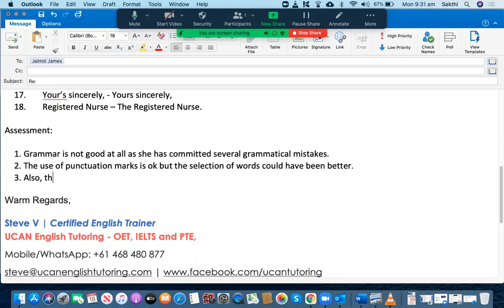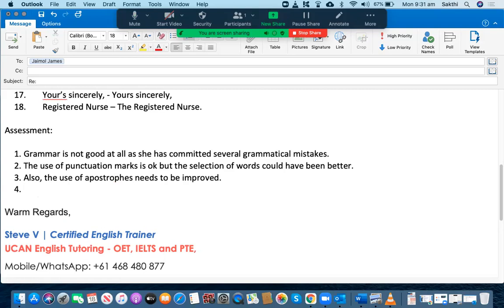Also, the use of apostrophes needs to be improved. Sorry, there's a mistake. Apostrophes. Oh, yeah, that's good. Needs to be improved.